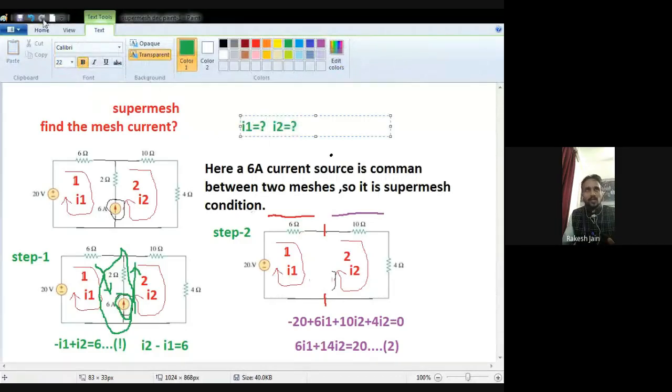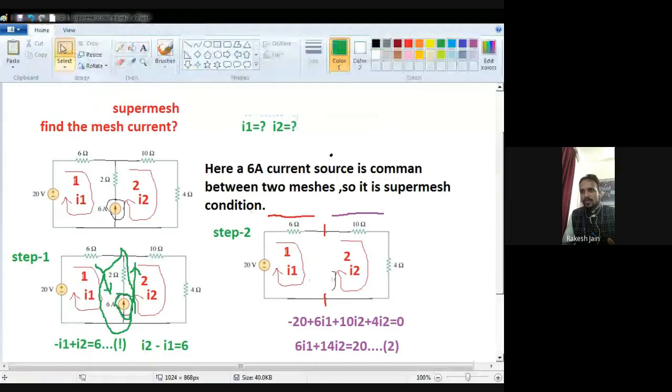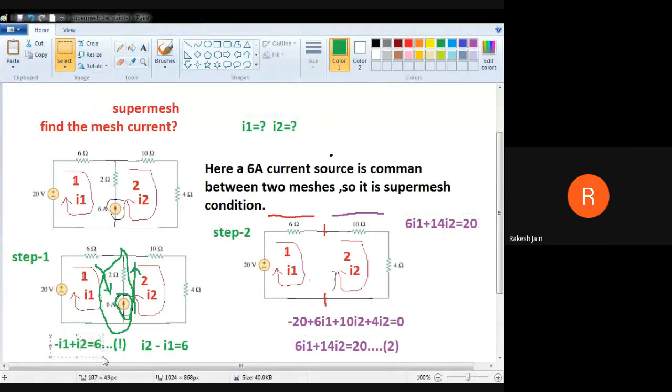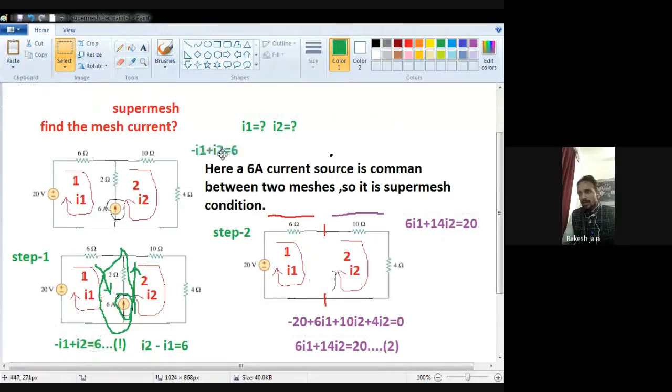What I want to say, see, I start from the bottom side. So minus 20 is there. So first write down minus 20. Then plus 6 is the resistance, and current is I1. At the right side, I2 is there.